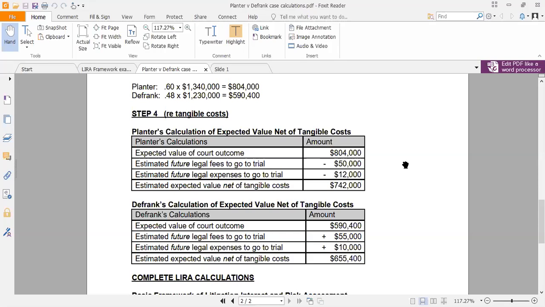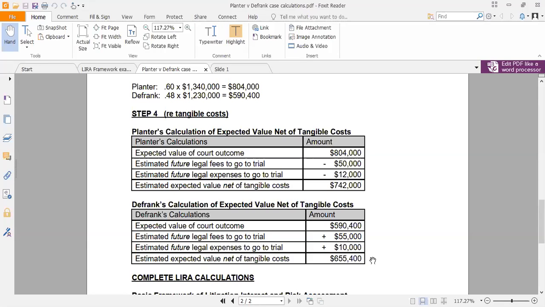And here in the table below it, the defendant makes a similar set of calculations, except from the defendant's point of view, they're paying. So here you're going to see they're estimating that their legal fees would be $55,000 and their future legal expenses would be $10,000. So you add those figures to their $590,000, which you saw up here, to come up with an expected value net of tangible costs of $655,000.